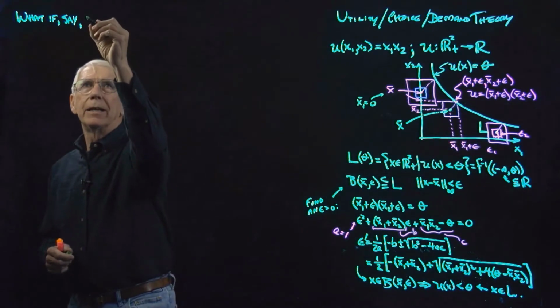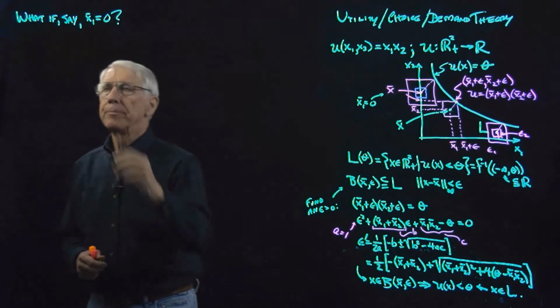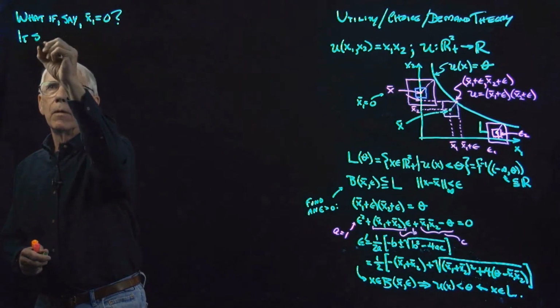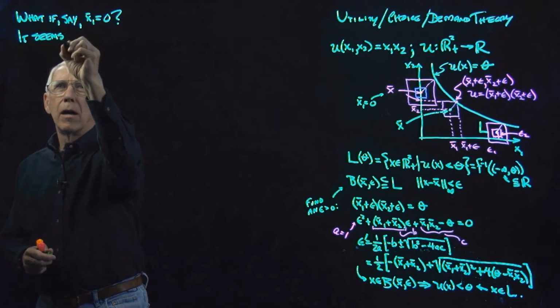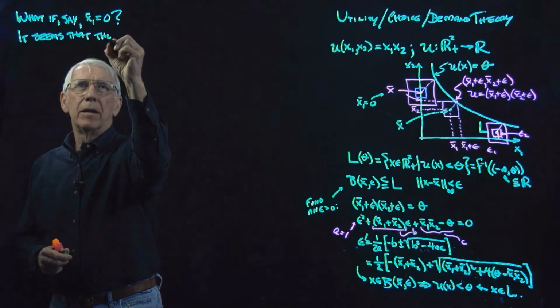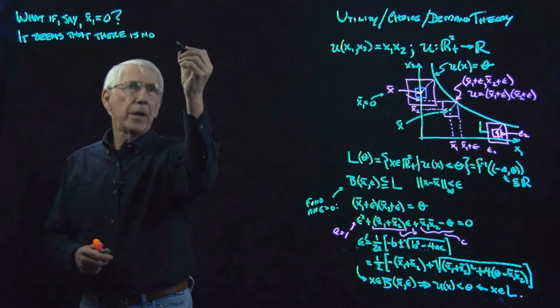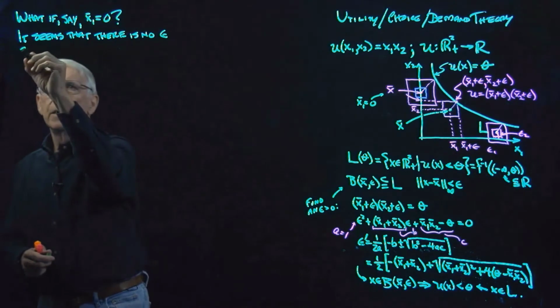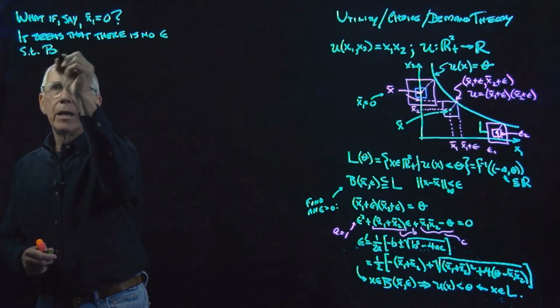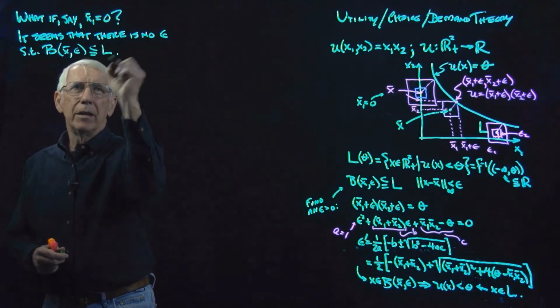Well, so what if, say, x1 bar is 0? It seems that there is no epsilon such that the ball around x bar of radius epsilon is a subset of L.